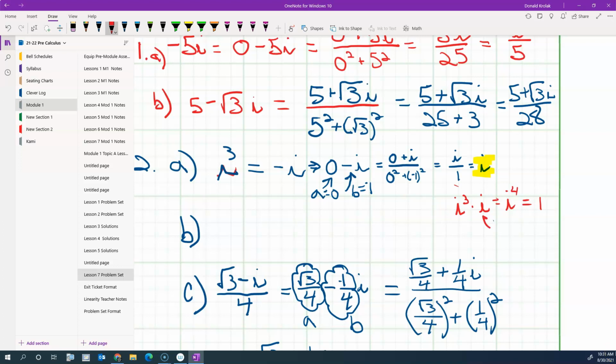So that's the multiplicative inverse of i cubed.